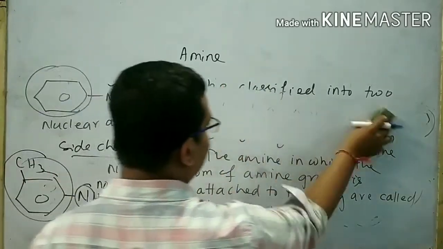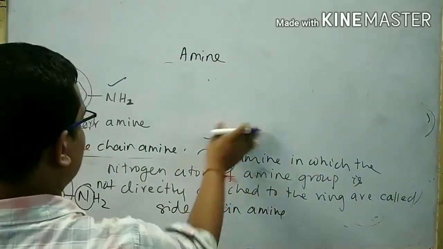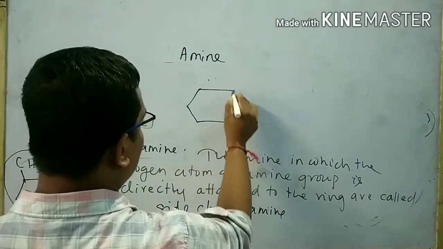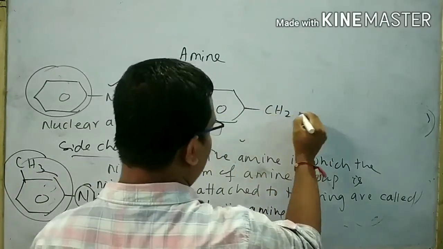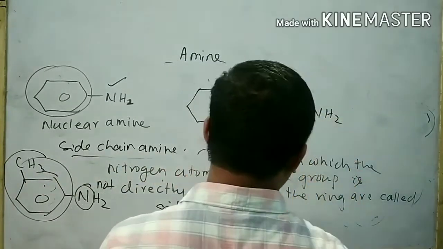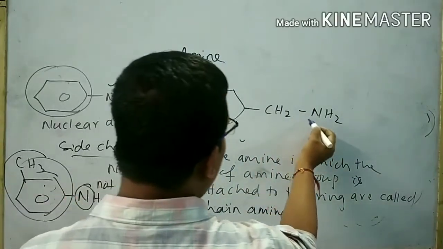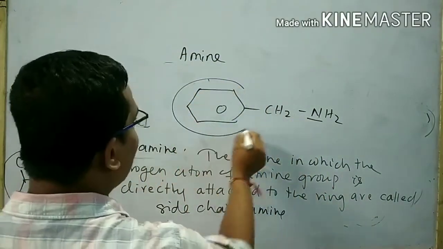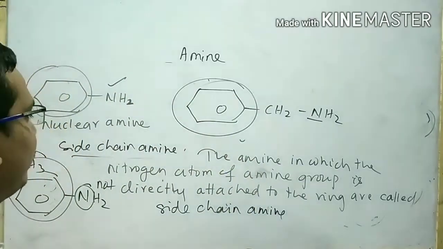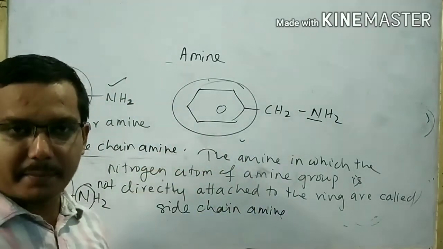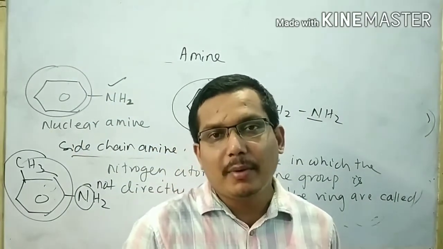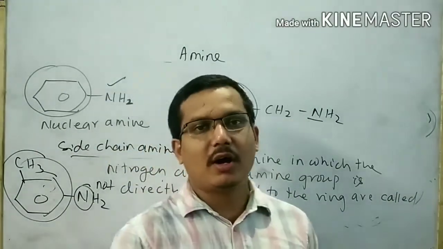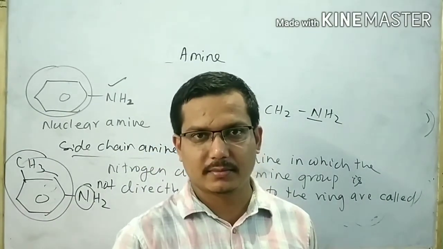Take an example. This is an example of side chain amine. Here the nitrogen atom is not directly attached to the ring. So it is said to be side chain amine. This is all about the classification of amines.